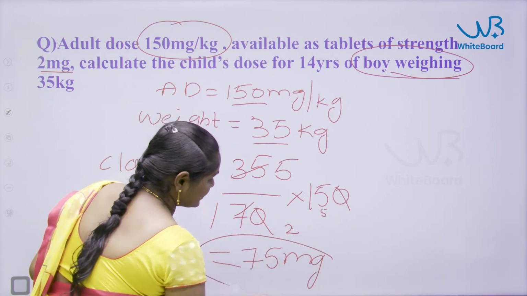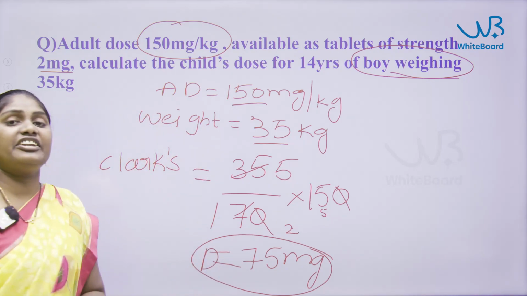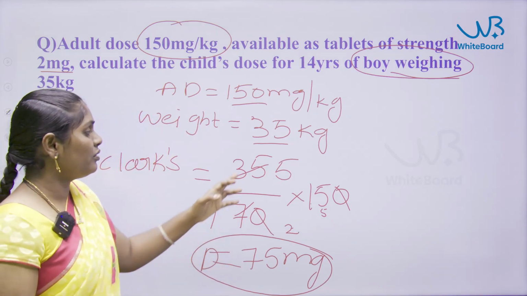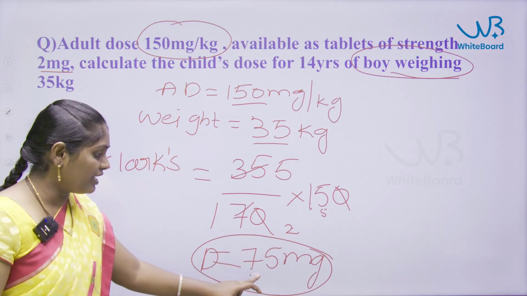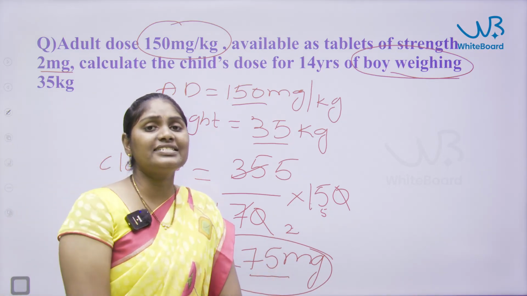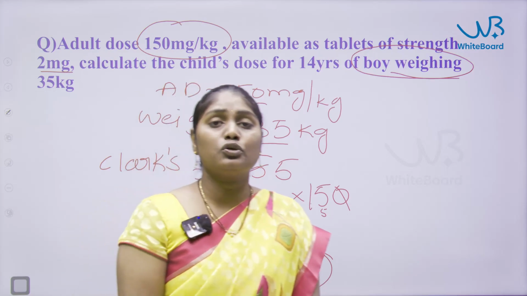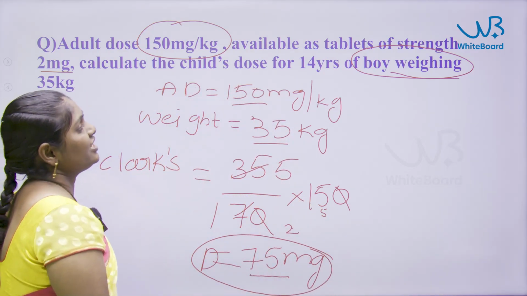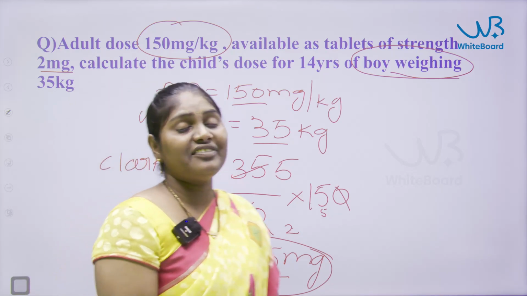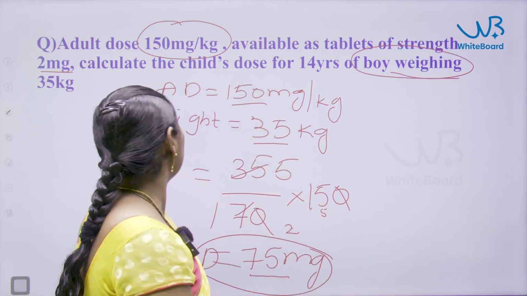The exact dose required is 75 mg, for a boy who is 14 years old with a weight of 35 kgs.